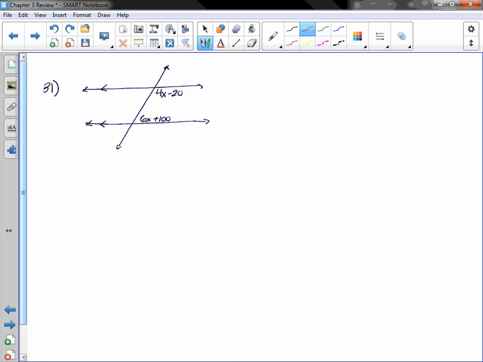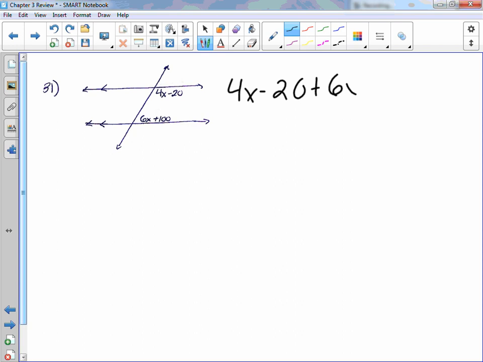Let's look at 31. These two angles here are consecutive interior angles, and consecutive interior angles add together to be 180. So for us here, we have 4x minus 20 plus 6x plus 100 equals 180.